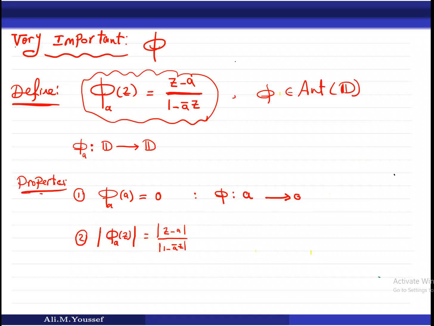Of course, we will look at the modulus of phi on the boundary. On the boundary, the modulus of z is equal to 1.